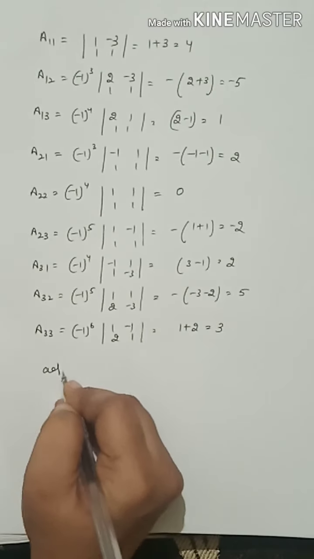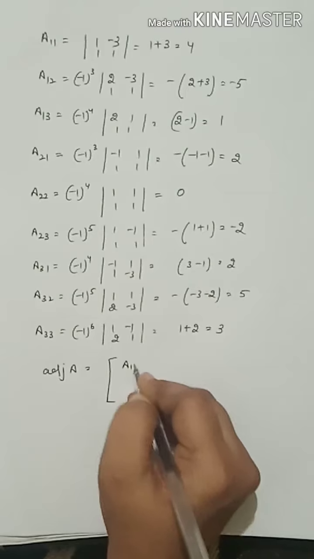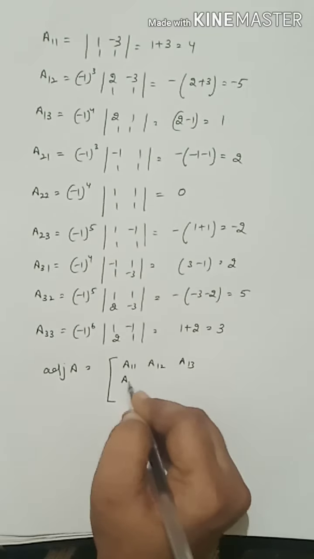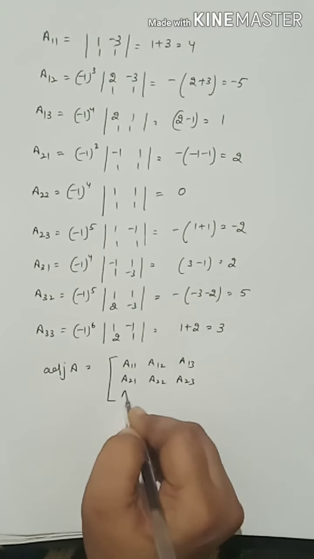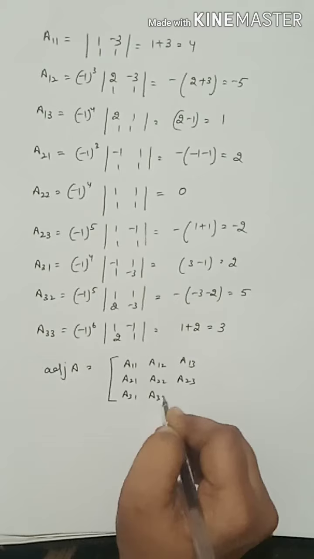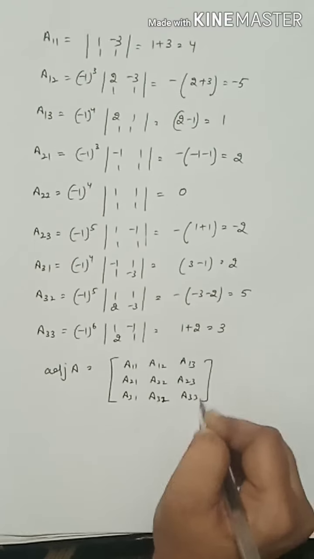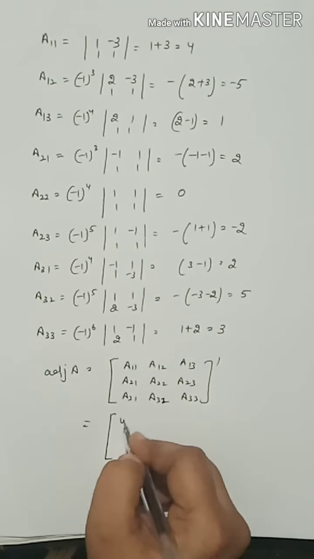Now the value of adjoint A will be the transpose of the cofactors, and now we put the values of cofactors.